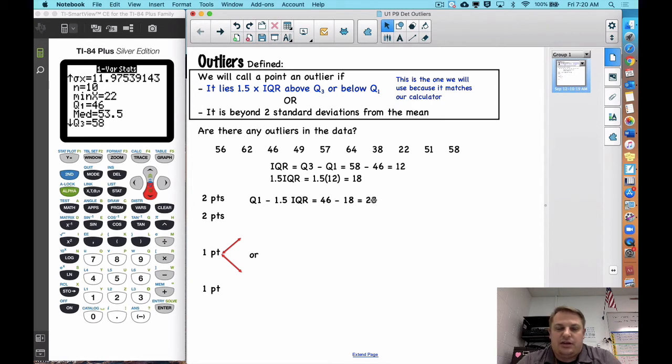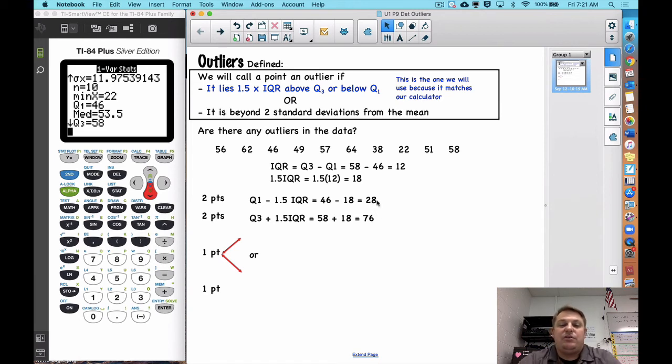Then do the calculation, get the answer. And then we also need to do Q3 plus 1.5 IQR. So be careful with that. It's not measuring from the median. You're going Q1 and lower, so Q1 minus, and we're going Q3 and higher. So Q3 plus 1.5 IQR would be 58 plus 18, which is 76.